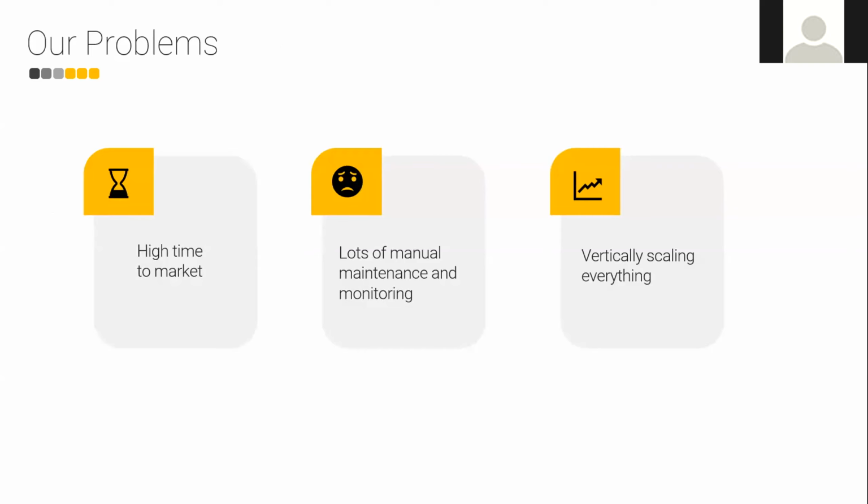Now let us come to the problems and the challenges that we faced over the course of the last year as we were developing and as we were marketing our product. So one of the things that we realized very soon was that marketing a product which was an on-premise deployment was slow. There was a lot of traction from the business side of the customers.